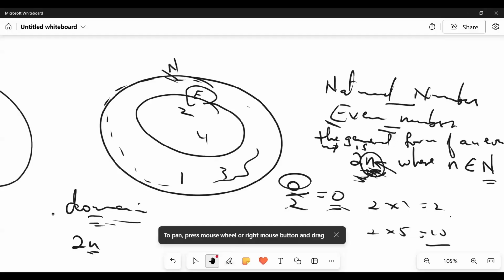It can't be any whole number because somebody would throw in 0 here. It can be some whole numbers like 1, 2, and 5 and so on. But if you just say it's the set of whole numbers, somebody would quickly say it could be 0. And you have 2 by 0 is 0. And that's an even number?